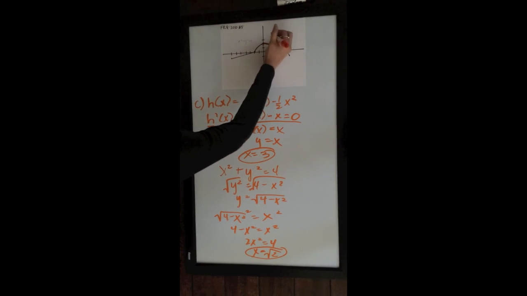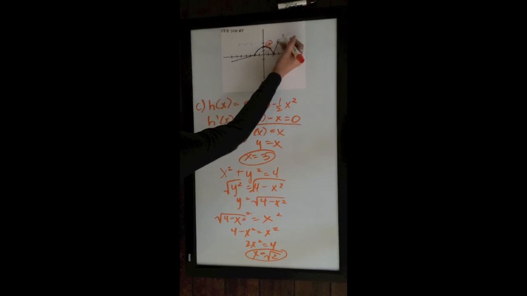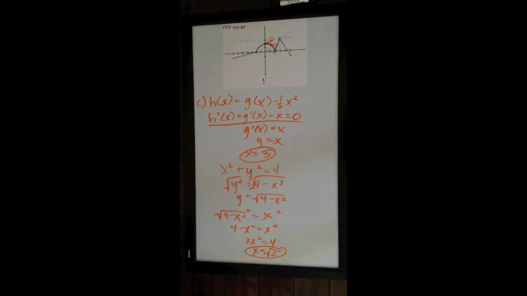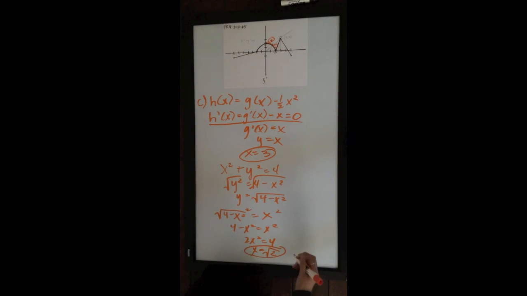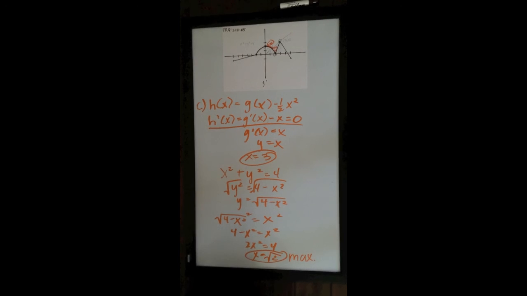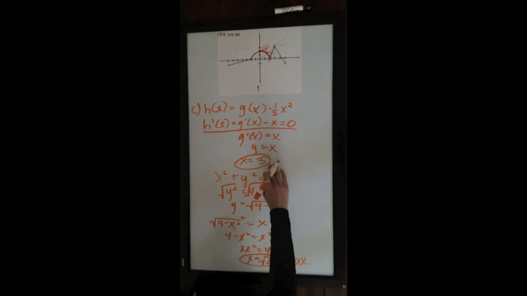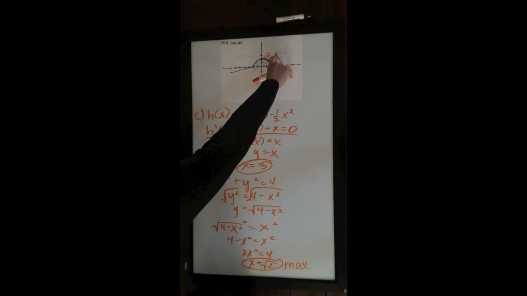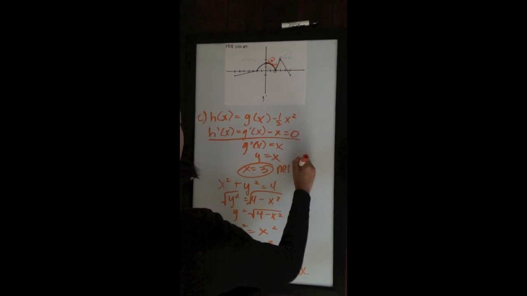So we can say this is positive. And this part of the graph here is below the line y equals x, so it's negative. So we can say that the critical point square root of 2 is going to be a maximum because the signs change from positive to negative. And this point here, if you look on the graph, at x equals 3, nothing really happens. So this will be neither a max or a min.